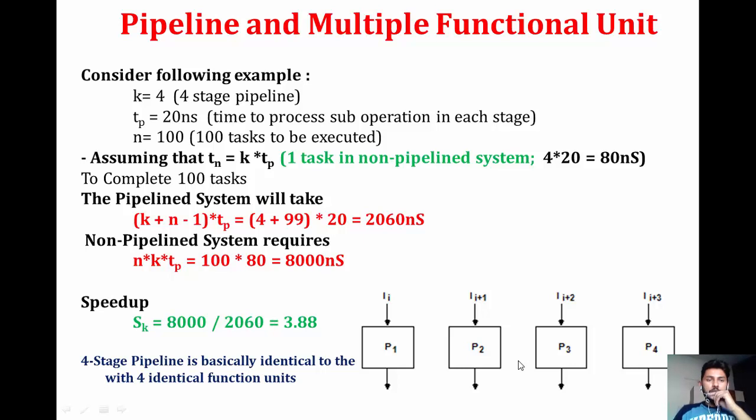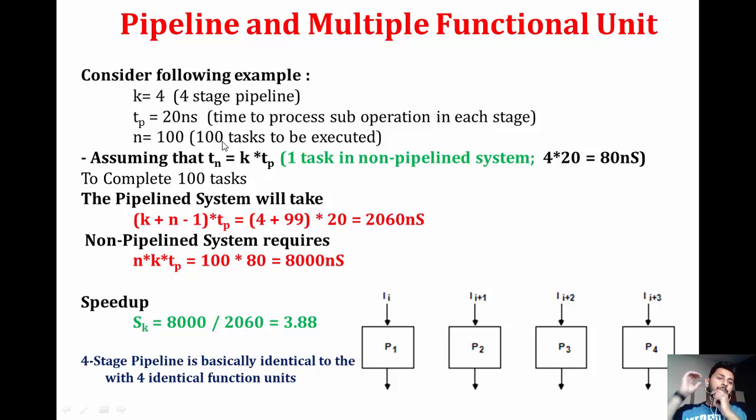Now consider an example where k equals 4, so we have a 4 stage pipeline with 4 different segments. Now tp equals 20 nanoseconds. tp is the time it takes to perform the operation in each stage. Within a segment, how much time will it take? 20 nanoseconds. n equals 100, so we are supposed to execute 100 tasks in a pipeline manner.